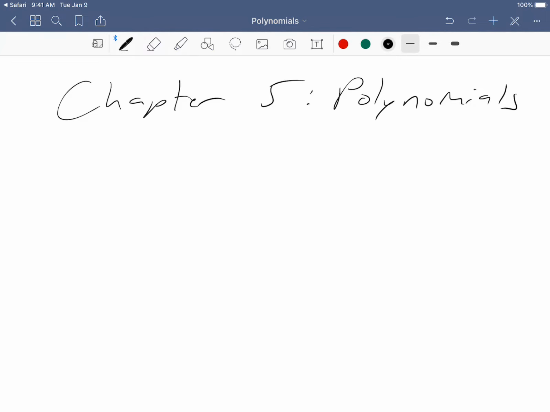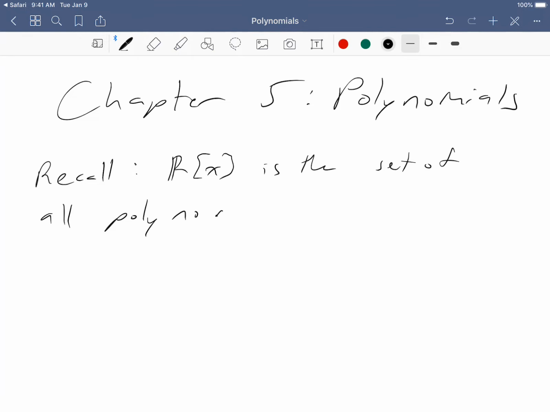So as promised, we're going to spend the next little bit studying polynomials. Recall that R[x] is the set of all polynomials with real coefficients.